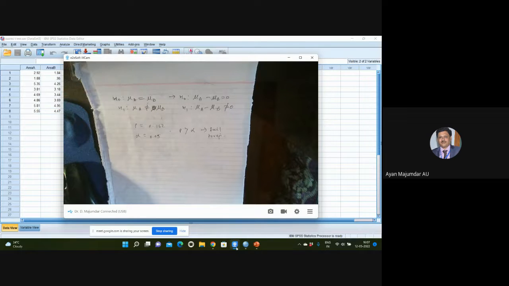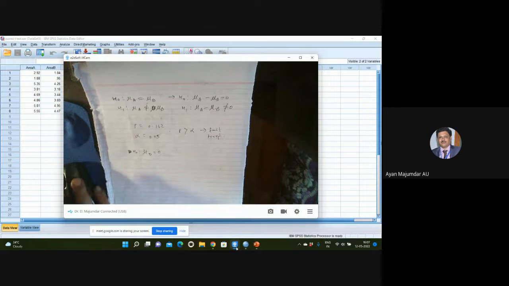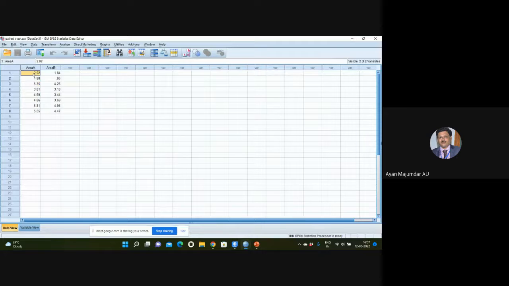So what will be the null hypothesis here? The null hypothesis here will be that there is no difference. This is area A population, this is area B population. So the difference A minus B, is that difference significant or not?